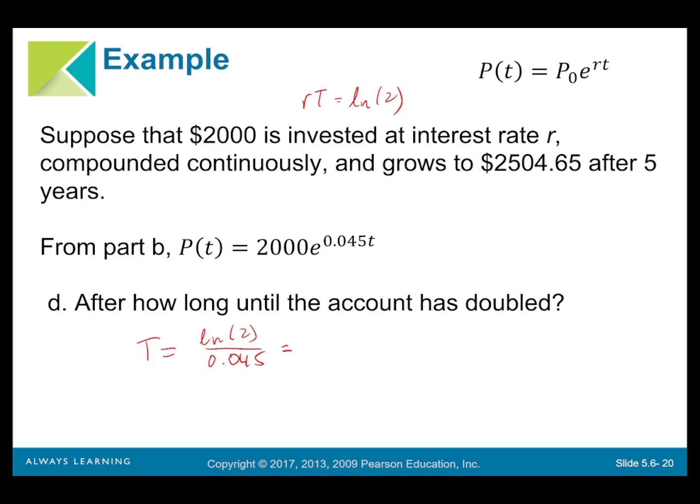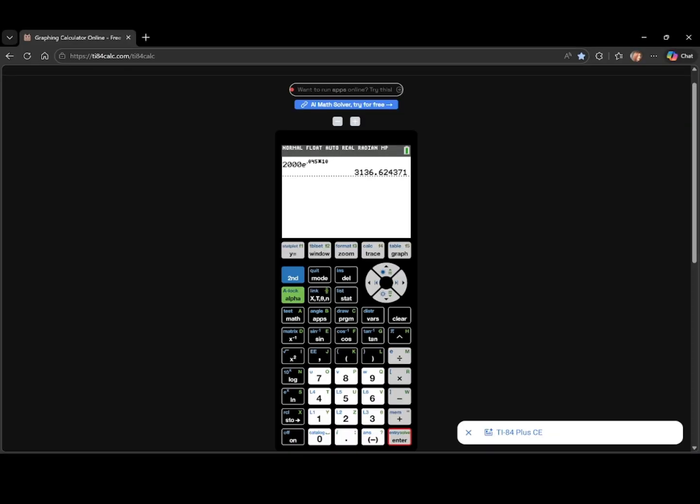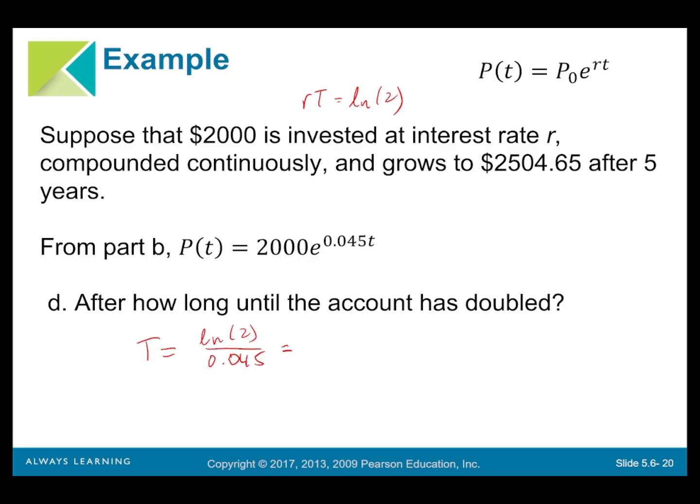It keeps us using the information that we already know ahead of time. And so we'll jump to our calculator and see what this is. ln of 2, close parentheses, divided by 0.045, 15.4. It's going to take 15.4 years for the account to double.